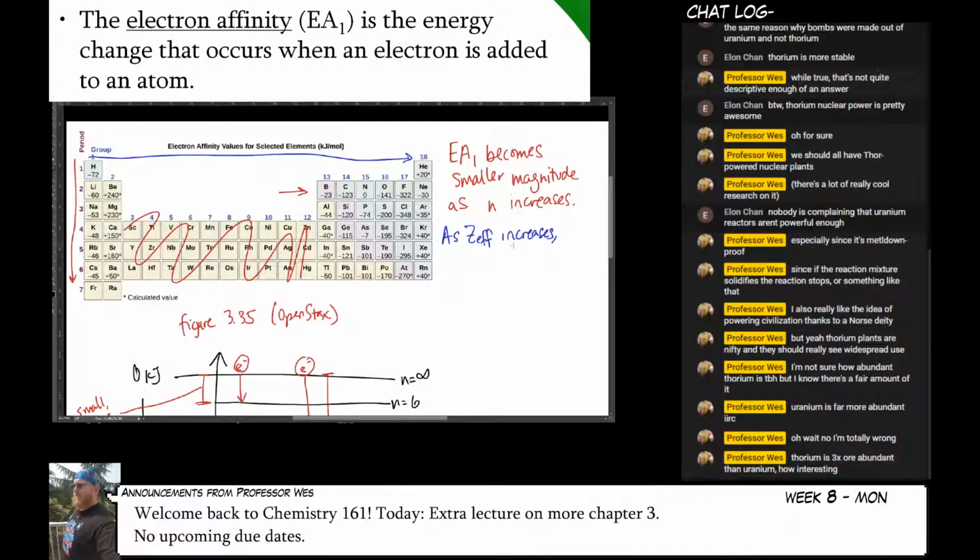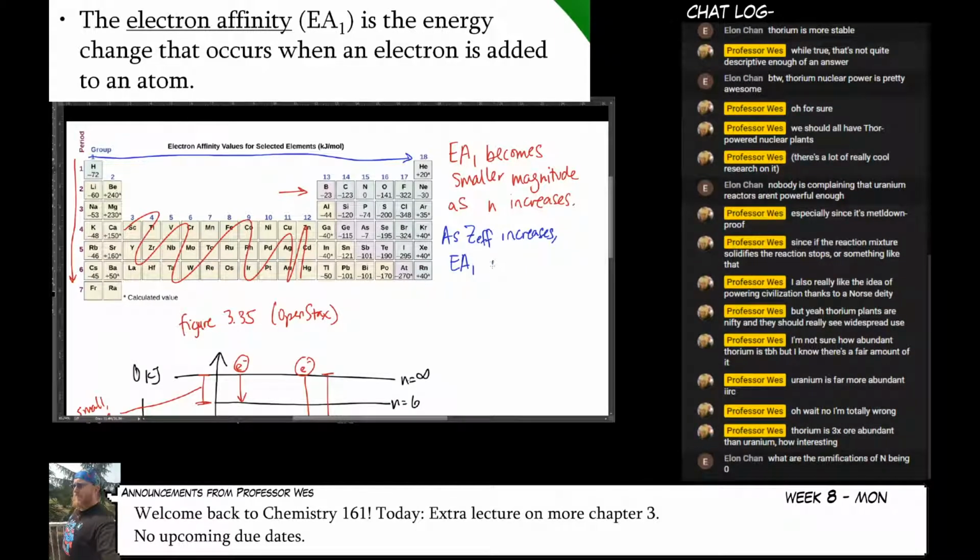As Z effective increases, the electron affinity tends to increase. But there are some weird things that you notice, and you've just noticed it right now. Why is n 0? That is what we call a coincidence or a fluke, it turns out.